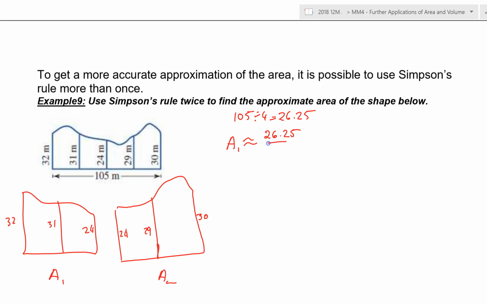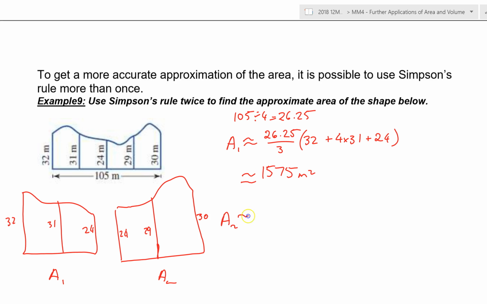26.25 over 3 multiplied by 32, 4 lots of the middle one, 4 lots of 31, plus the last one, 24. Right. Now you can use your calculator there and you get 1,575 square meters.